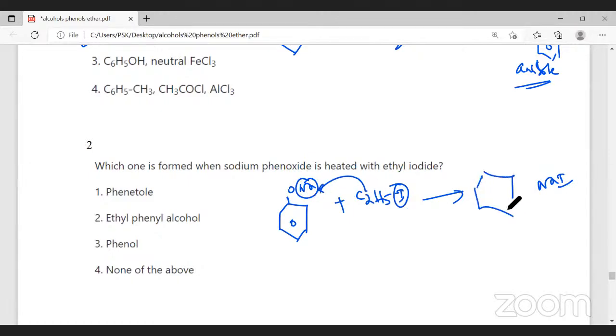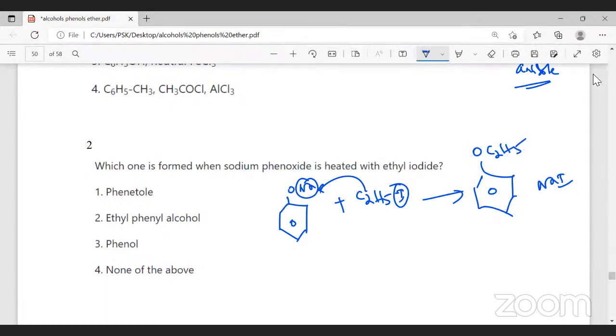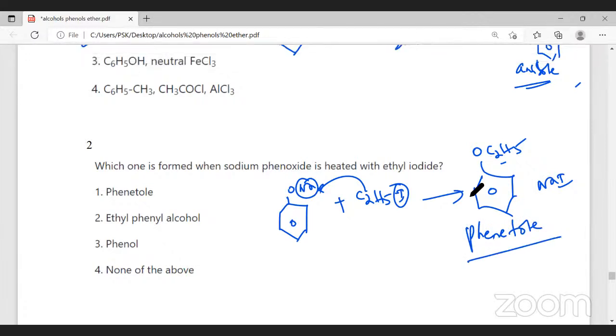So you get a benzene ring, OC2H5. If you have CH3, it's called anisole. C2H5, it is called phenetole, P-H-E-N-E-T-O-L-E. So this is chemically called ethyl phenyl ether.